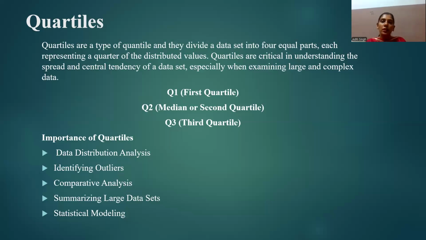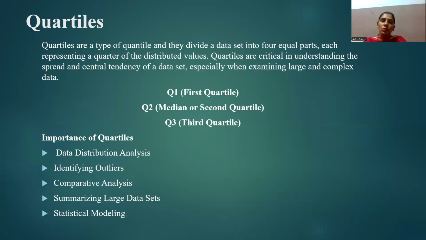When we divide the observation into four equal parts, that is quartile. To divide the observation into two equally sized parts, the median can be used. A quartile is a set of values that divides a data set into four equal parts.